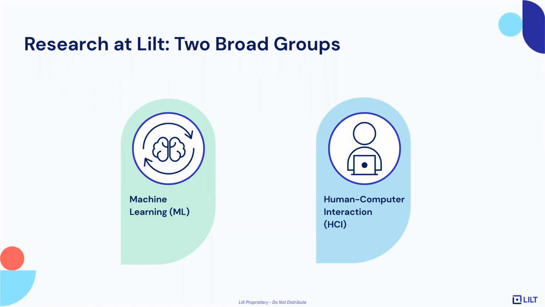And then the group that I'm part of, which is the human computer interaction one, we're thinking about, okay, how do we take all of the amazing work that the ML group is doing, and then present it in a particular way that the translators can actually use. This is sort of like a two-way street, right? You can have the most amazing, intelligent MT algorithm, but if the platform isn't usable, it's not that great.